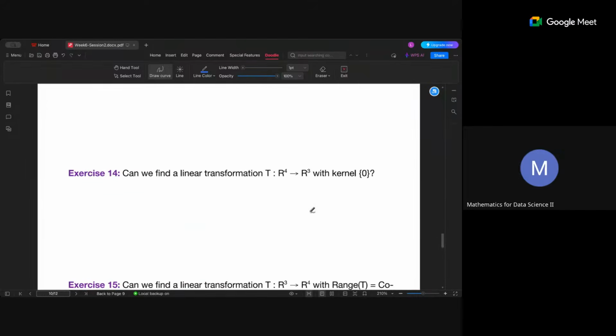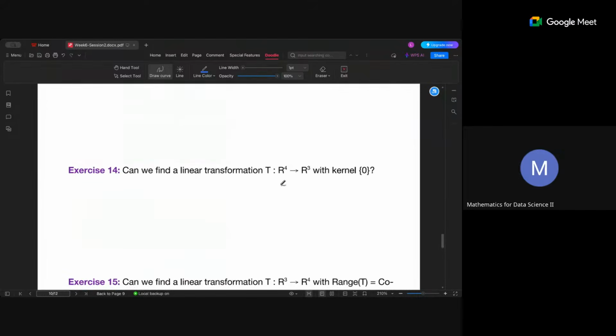Can we find a linear transformation T from R4 to R3 with kernel 0? Suppose kernel is 0. Then what does this mean?